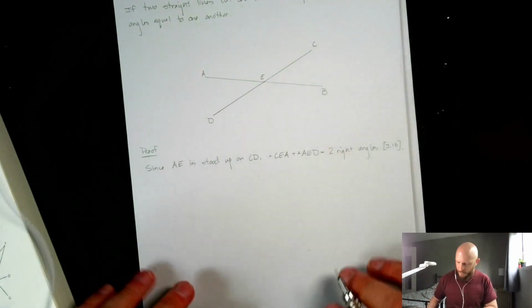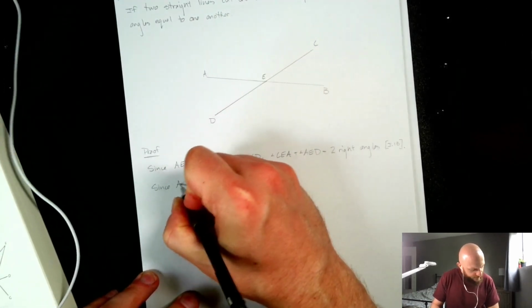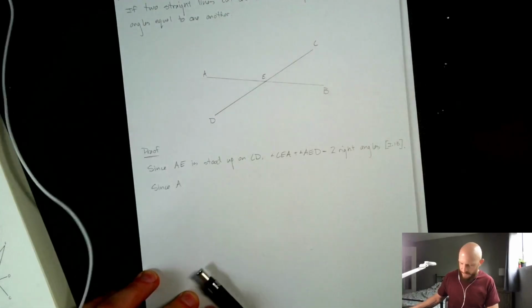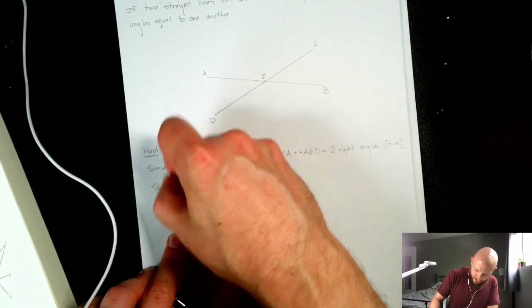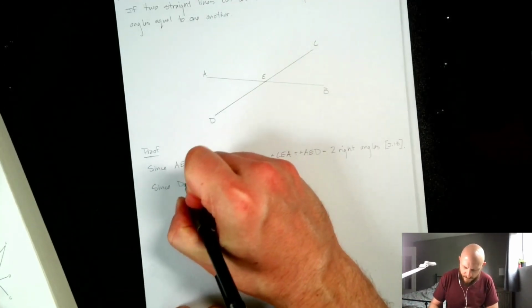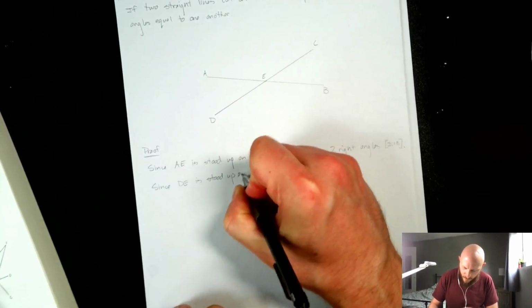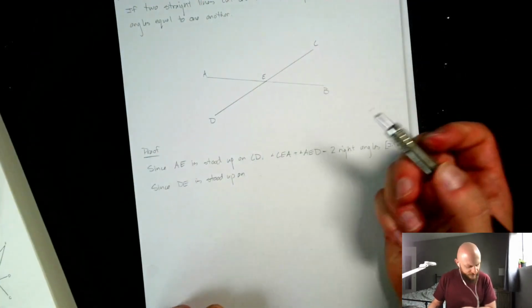But also, we have that the line DE is stood up on, and I should have mentioned that CD is a straight line.